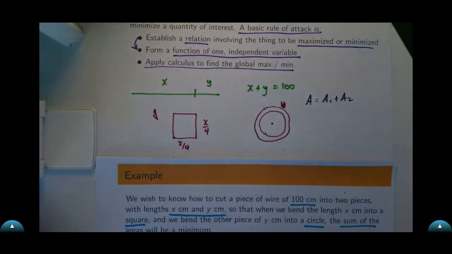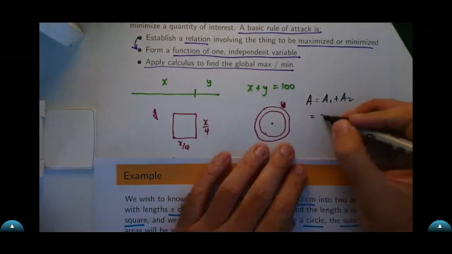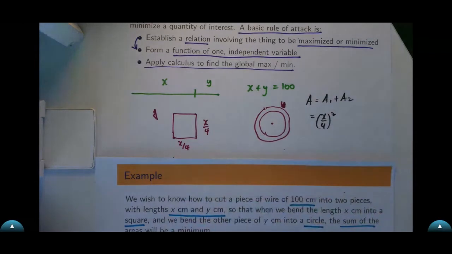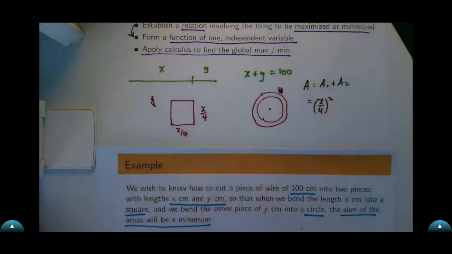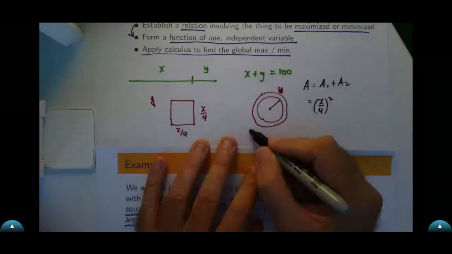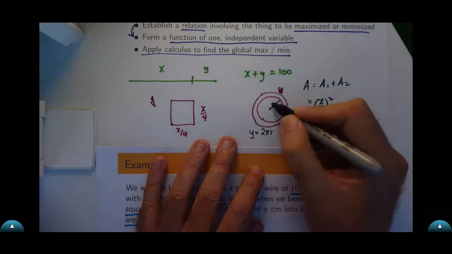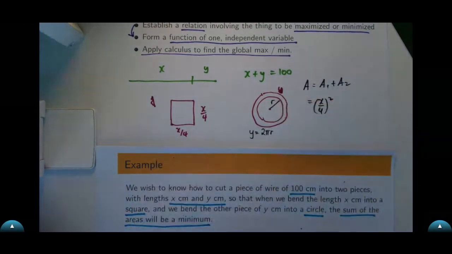Okay. So it's pretty easy to get the area for the square. That's just going to be this. And the area for a circle, we know that's that.